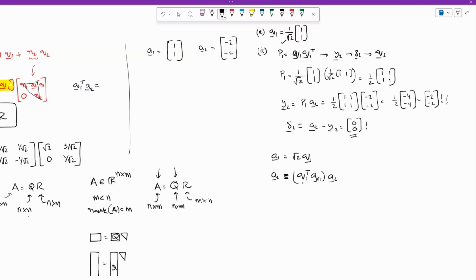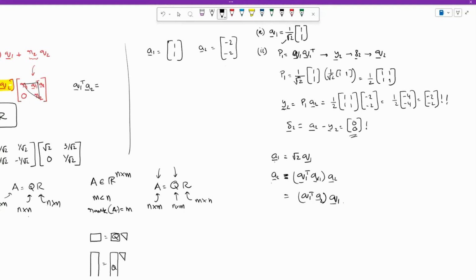Okay, so I can write it like this. I can write A2 like this. If I move stuff around, I can write this as Q1 transpose A1 into, sorry, A2. That means now, because it's a linearly dependent set, both A1 and A2 only depend on Q1.